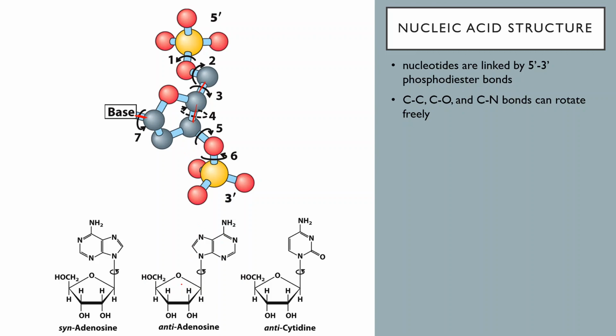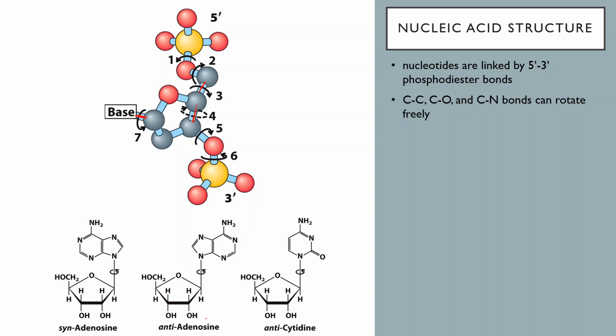Now with the bond between the base and the ribose, it depends on the base. With adenosine, for example, or with purines, because of steric interference with the ribose, what's called the syn configuration, where the base is sort of oriented over the ribose, is less stable than the anti configuration.